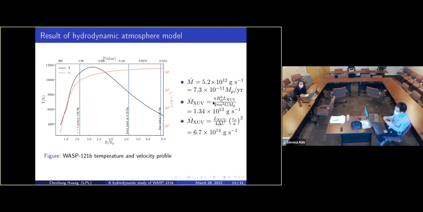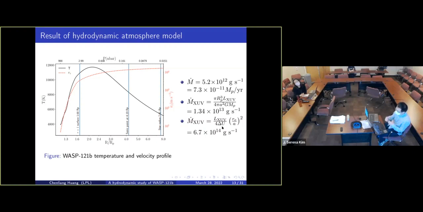It is multiplied by the surface of the planet, assuming complete redistribution of the heat. This heat converts to gravitational potential to let the particles escape from the surface of the planet. With this equation, it gives 10 to the 13 grams per second.